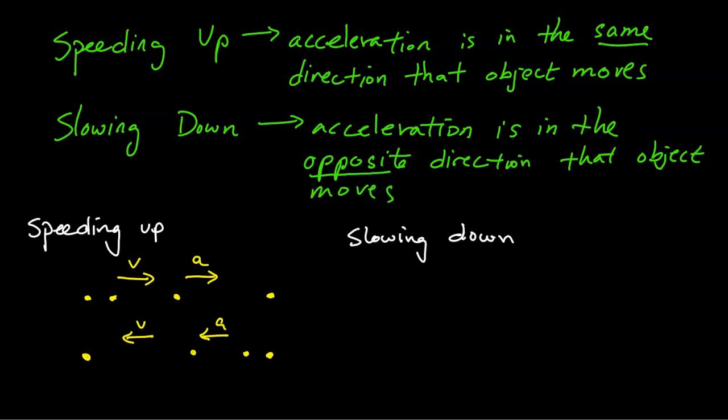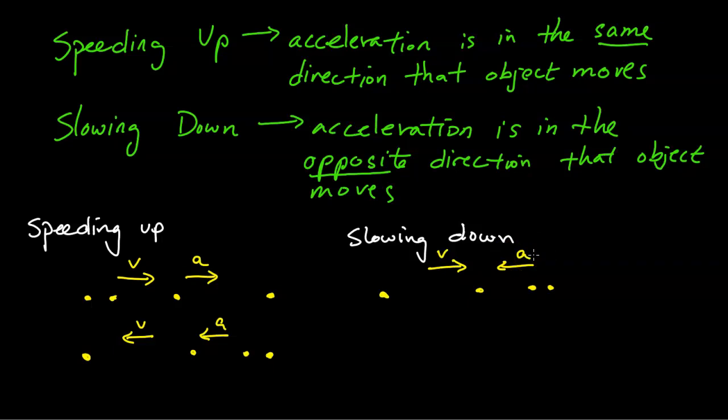Now let's take a look at examples for slowing down. When it's slowing down, the dots are going to be getting closer and closer together. Let's take a look at the object moving towards the right. So it's moving to the right and slowing down. So the acceleration, we know, is going to be in the opposite direction. In this case, the velocity is towards the right, the acceleration is towards the left.